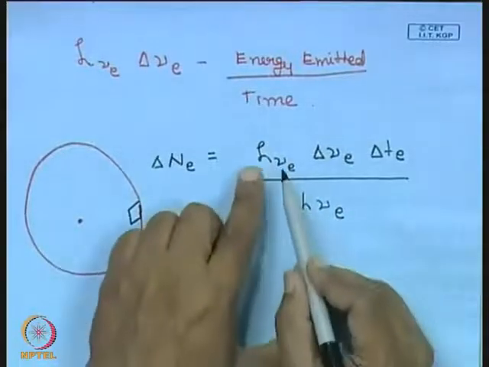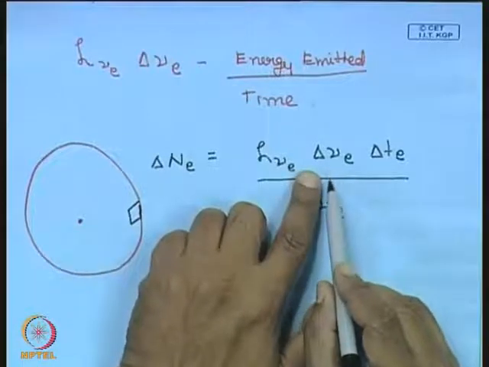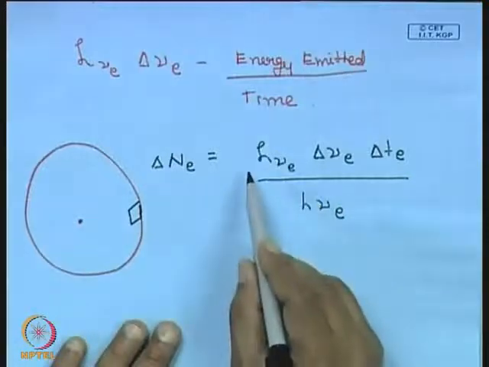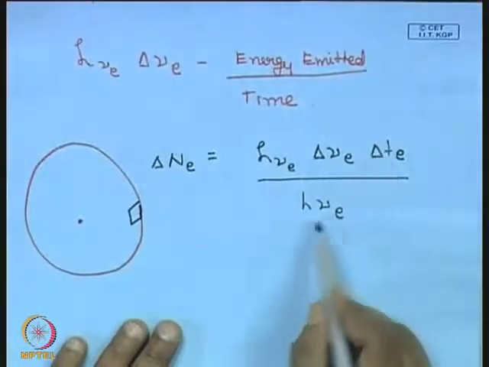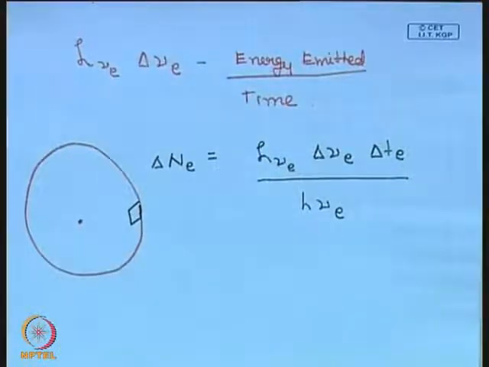This is the energy that was emitted in this frequency interval and time interval; divided by the energy of each photon, I get the number of photons.